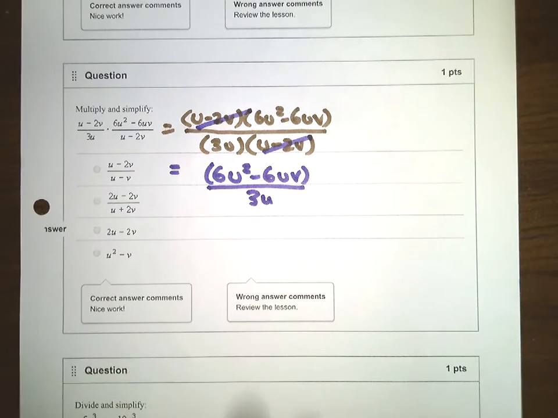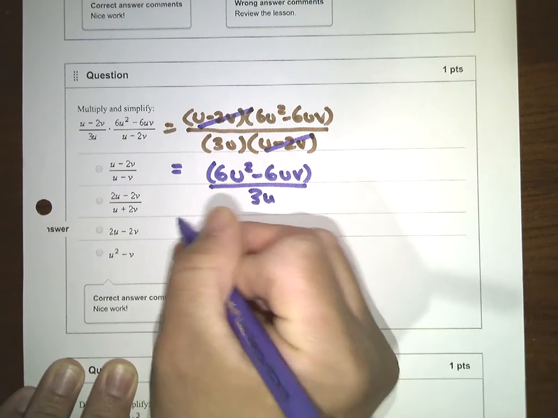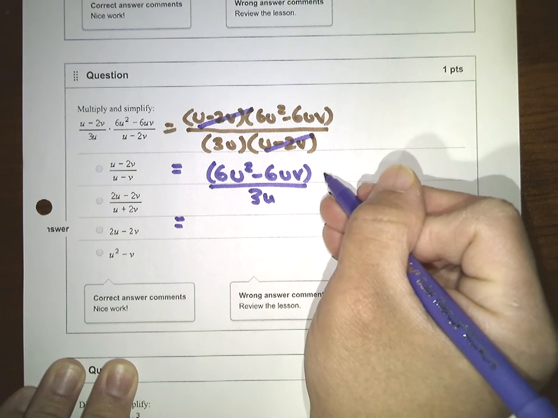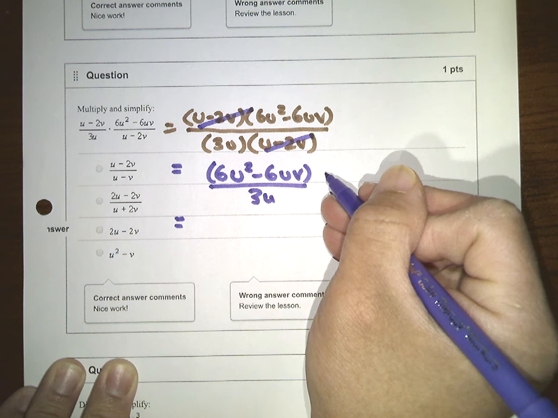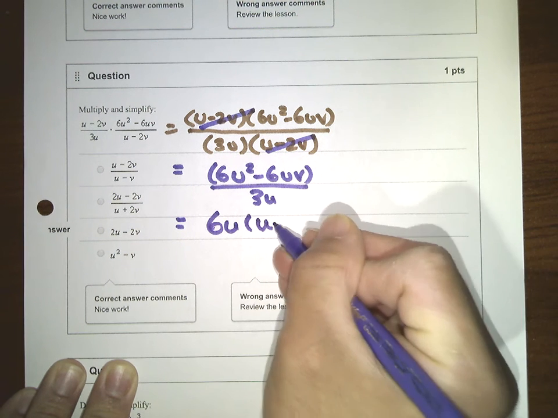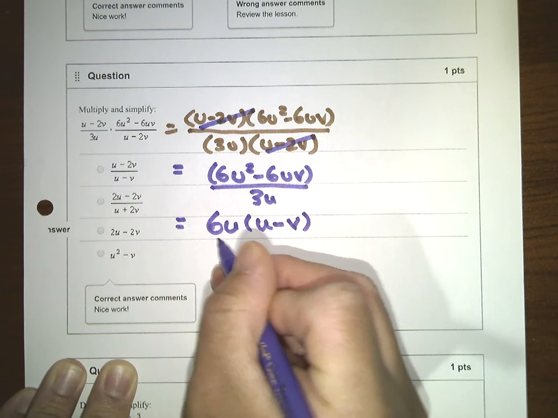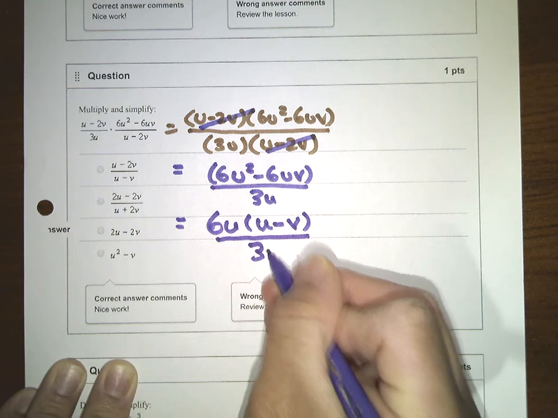And then I can do one of two things here, actually, right? One of the things I could do is find out that the numerator has a greatest common factor of 6u and write it as 6u times u minus v, and then that will be all over 3u.